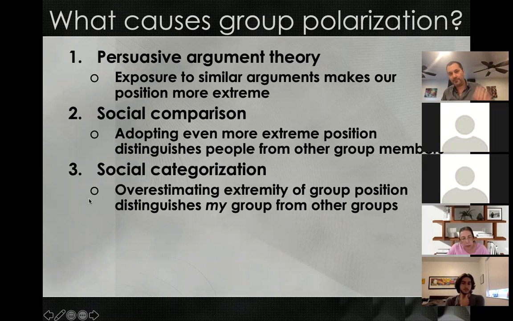Remember, with social comparison, I adopt a more extreme position because I'm trying to differentiate myself from other group members. With social categorization, I'm adopting a more extreme position to distinguish myself from the other group, not my own group members. So all three of these reasons account for group polarization, why we tend to adopt more extreme positions when we're part of a group versus when we're individuals.